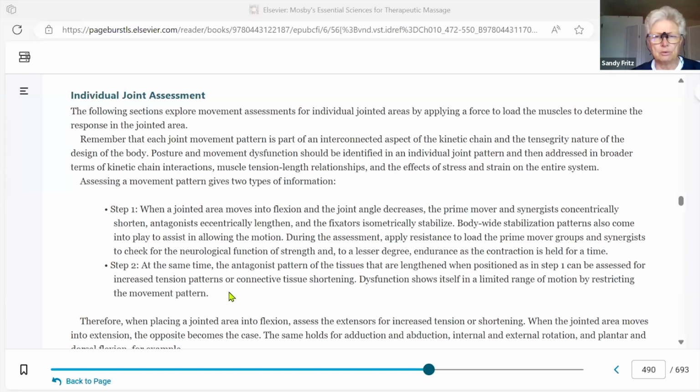And then we're also going to look and see if the antagonist function is appropriate and allowing for that movement. And then we also can apply an external force to challenge that, muscle testing, functional testing, to see if the action can sustain with a small load, not heavy, just a little bit of a challenge to it.